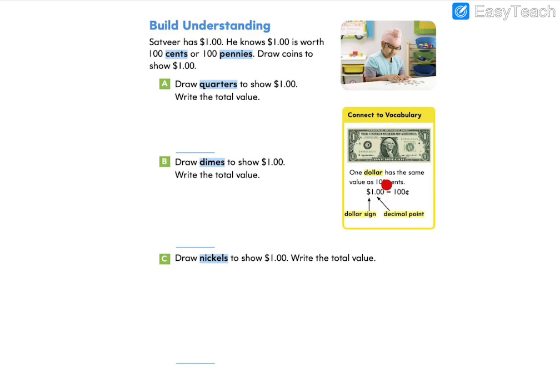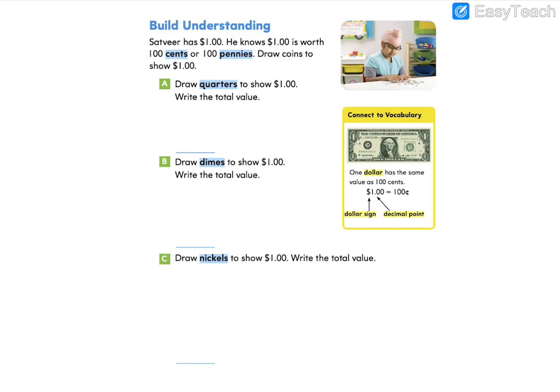Notice when we write cents like we have been, it looks like this, 100 cents. When we write $1, the dollar sign comes first. We then have a decimal point before our cents. So $1 and 0 cents is the same as saying 100 cents.